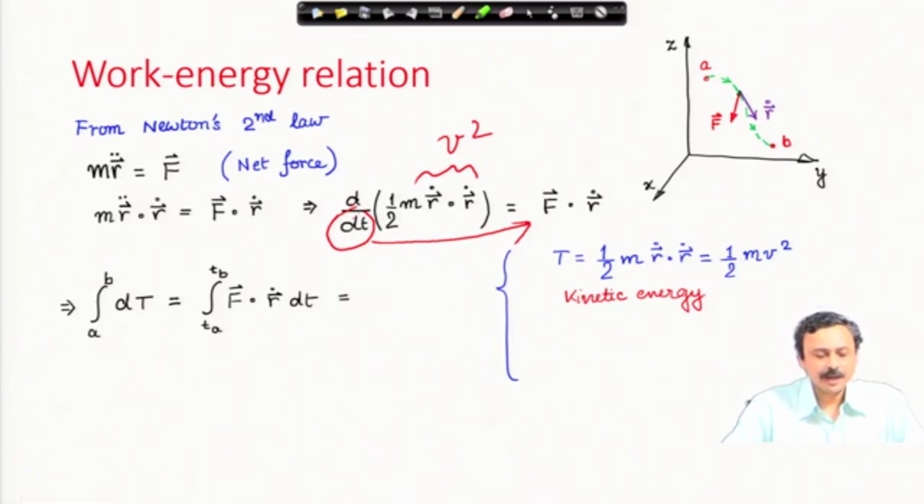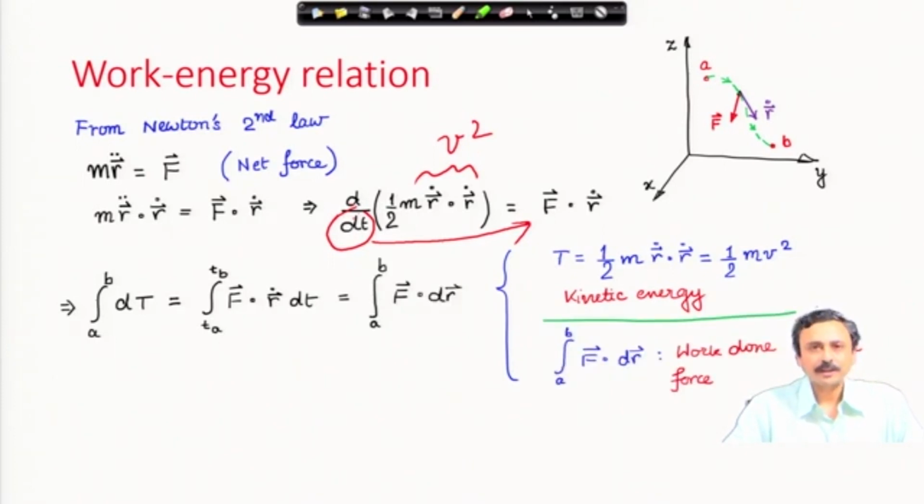Therefore, on the right hand side I have F dot dr/dt into dt, and that is nothing but F dot dr vector, and F dot dr vector is nothing but the work done by the force on the particle.